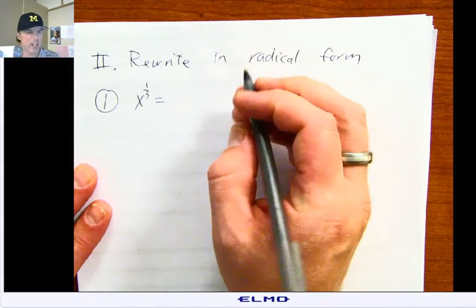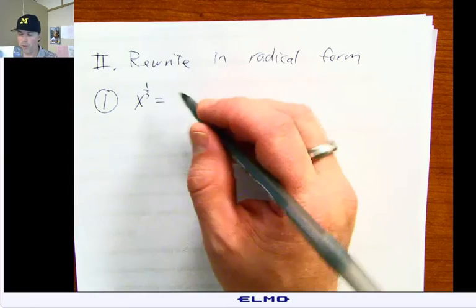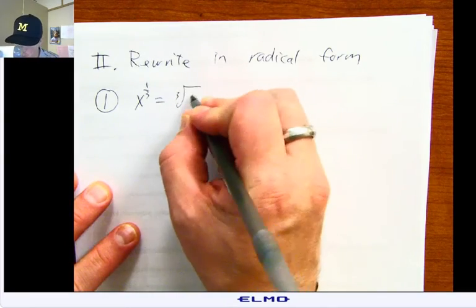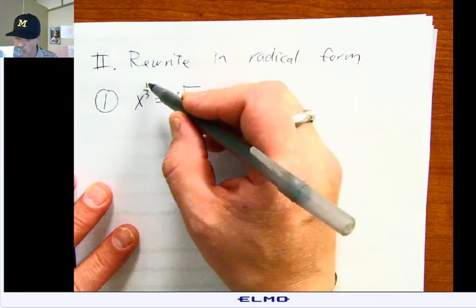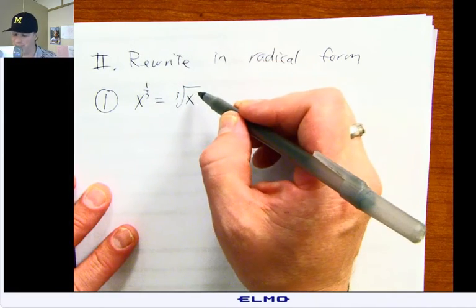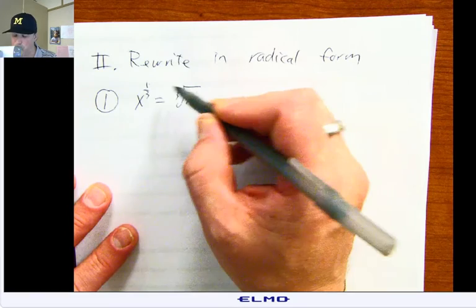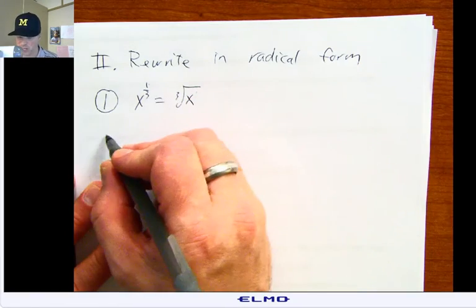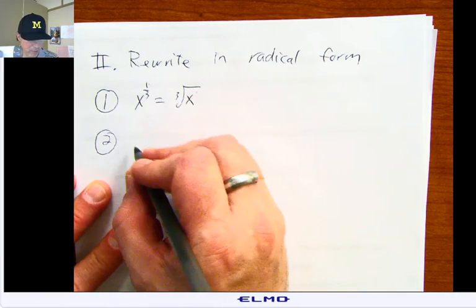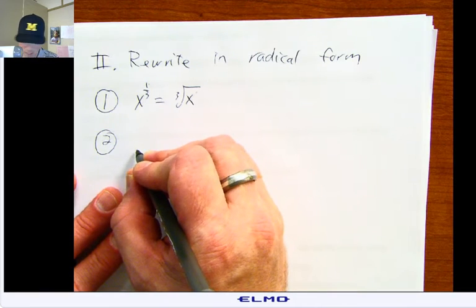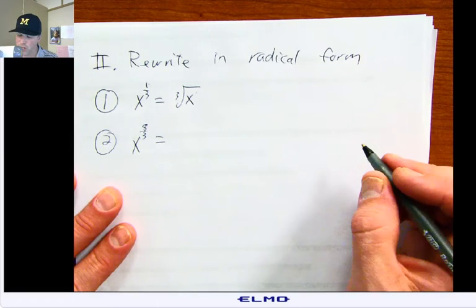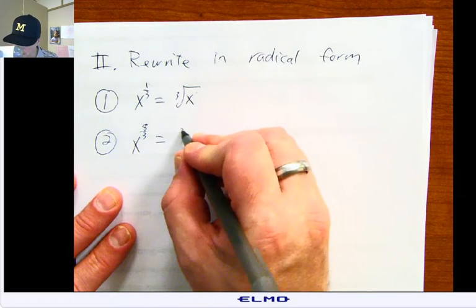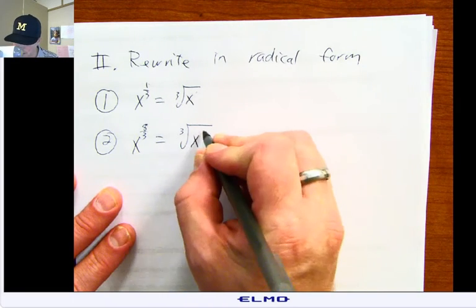And in our previous problem, the 1/3 meant cube root, so just the cube root of x. There's no exponent on the x, but if there was an exponent, it would be 1 for the numerator. So for example 2, if I had x to the 8/3 in radical form, that is the cube root of x to the 8th.